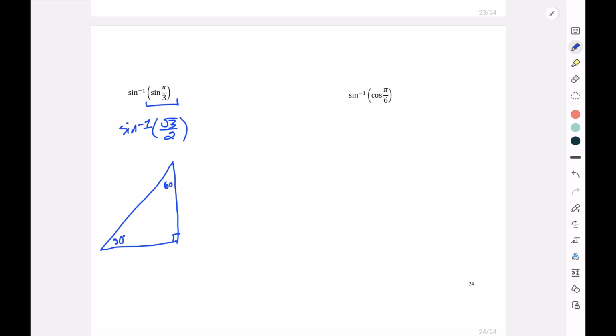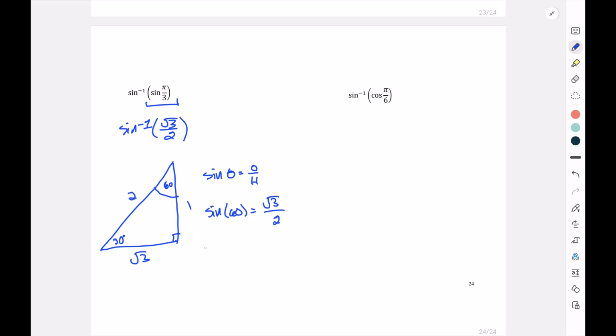And so we remember that across from the 60 is a square root 3, across from the 30 degrees is a 1, and across from the 90 is a 2. And so we remember that sine of theta is equal to opposite over hypotenuse. If we look at using our 60 degrees, we get our opposite being square root 3, and our hypotenuse being 2.